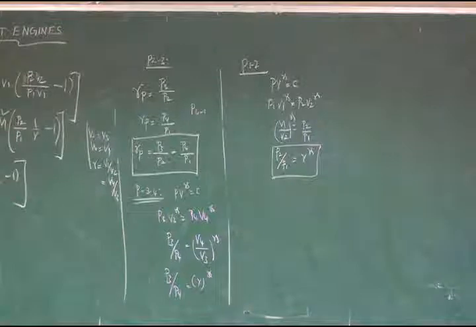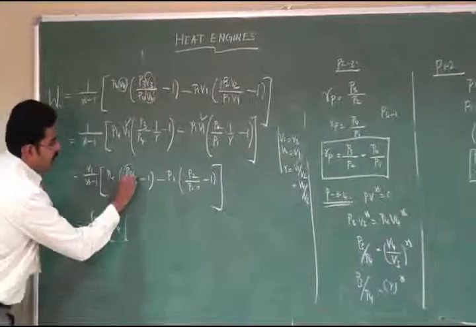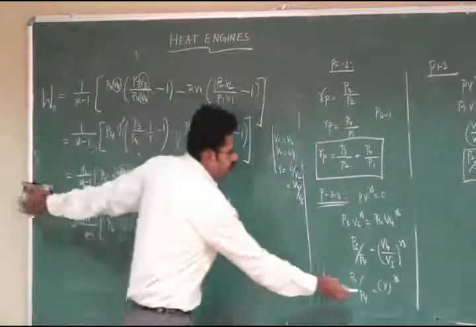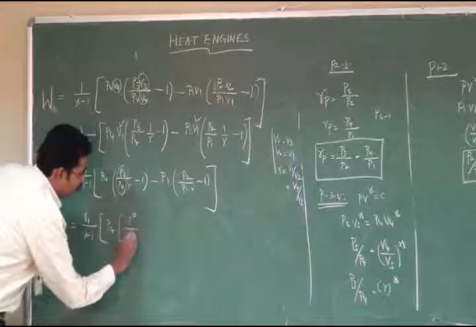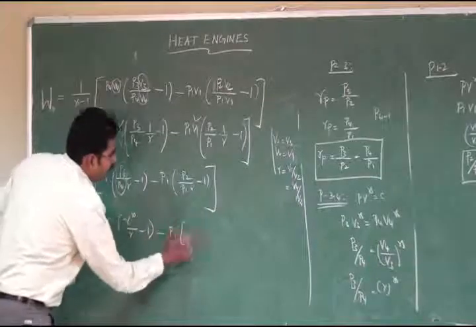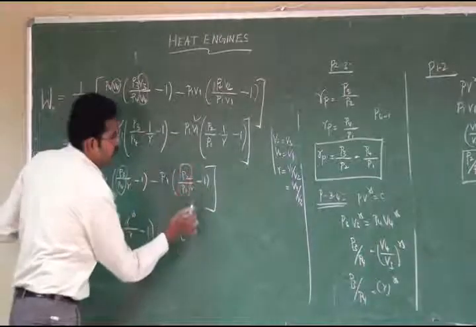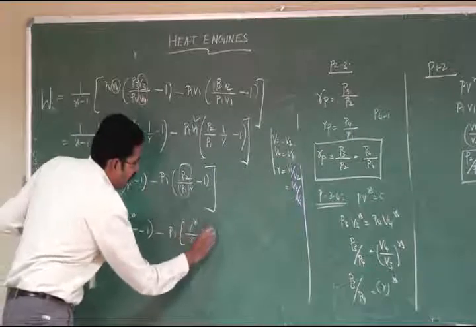Now applying these values in this equation, V1 by gamma minus 1 into P4 into P3 by P4 can be replaced by R to the power of gamma by R minus 1 minus P1. P2 by P1 can be replaced again by R to the power of gamma by R minus 1.